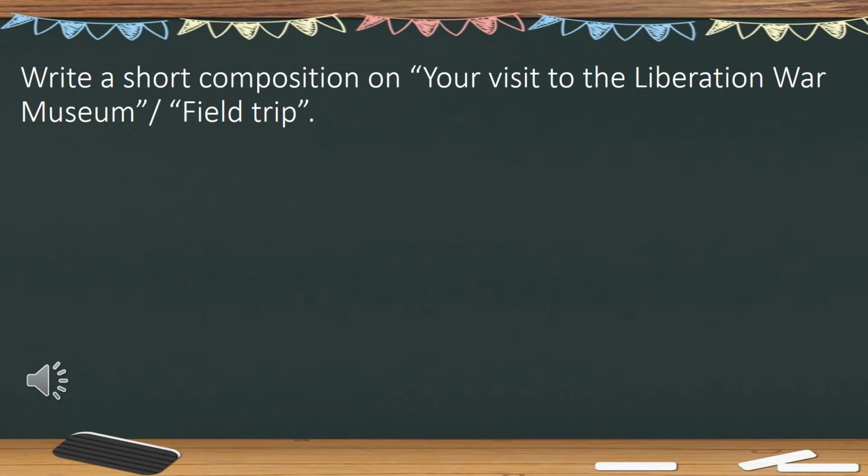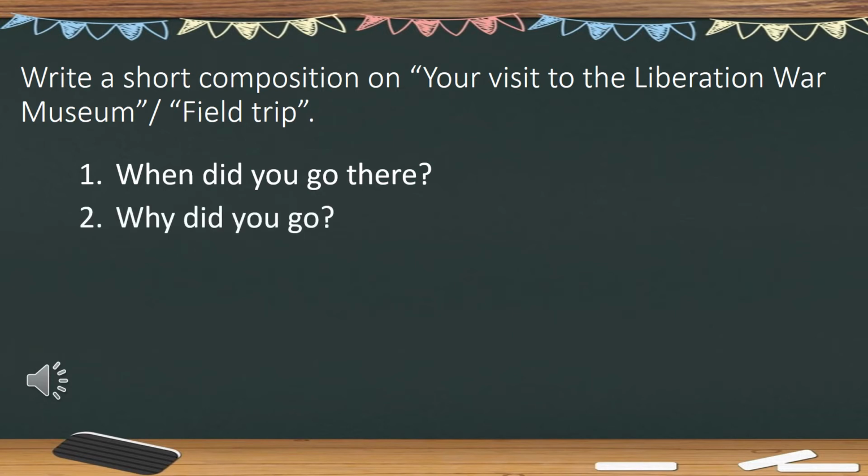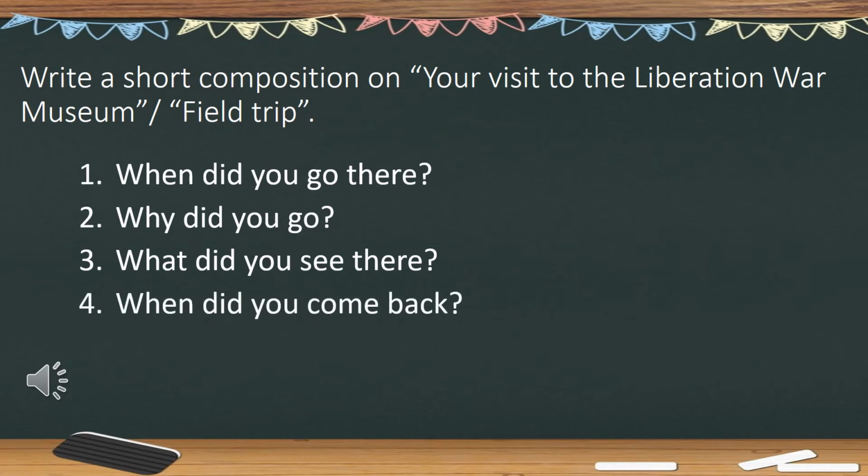Now here we can see some questions or hints: when did you go there, why did you go, what did you see there, when did you come back, how was the experience. So we have to answer these questions and then our paragraph or composition will be ready. But we can take or use some help from the passage.